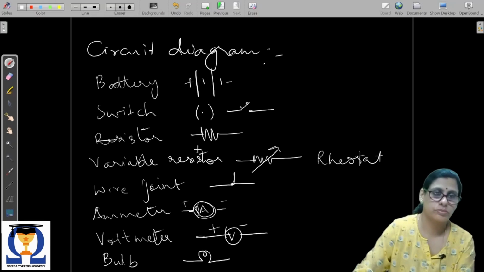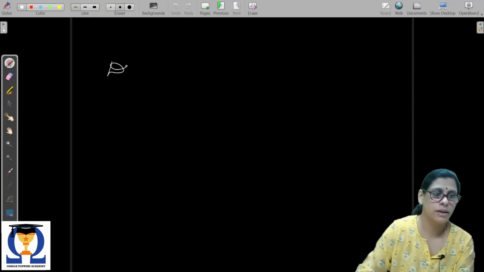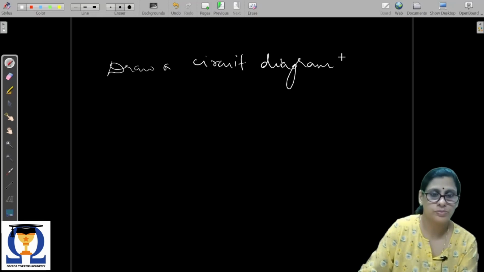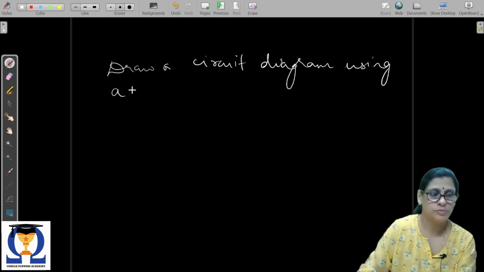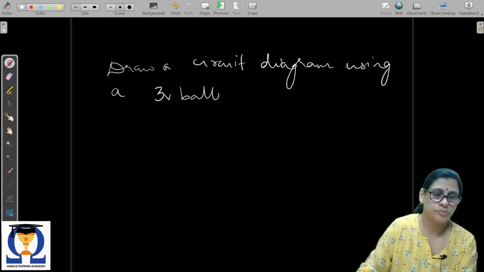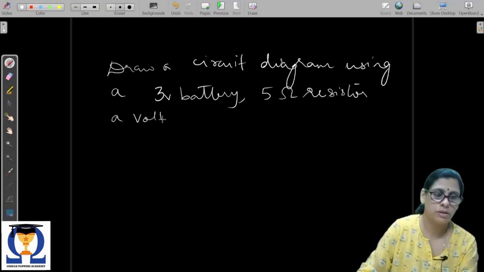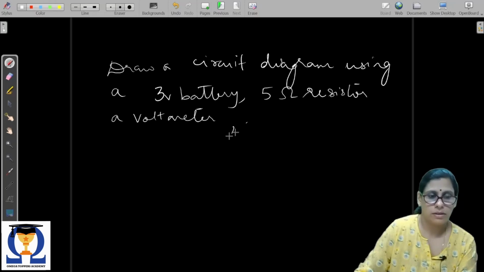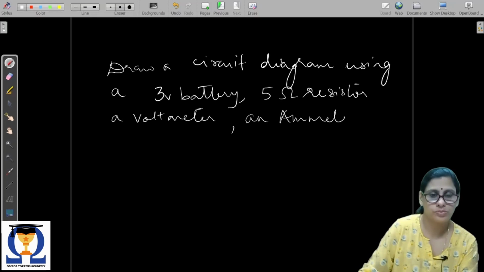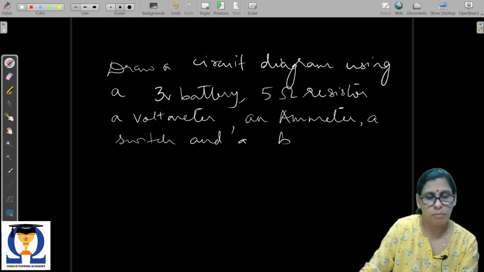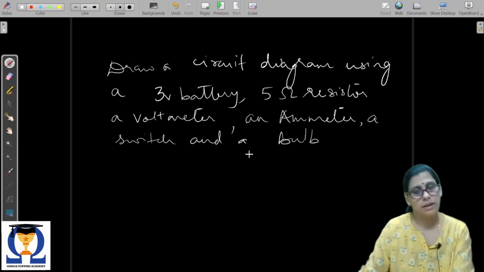For example, they might say draw a circuit diagram using a 3-volt battery, 5 ohm resistor, a voltmeter, an ammeter, a switch, and a bulb.